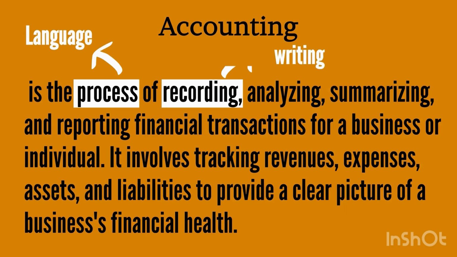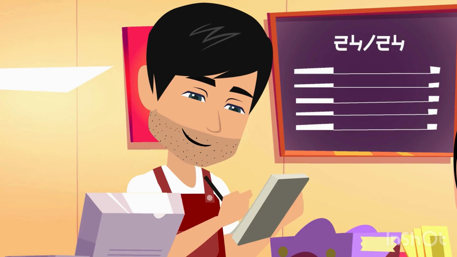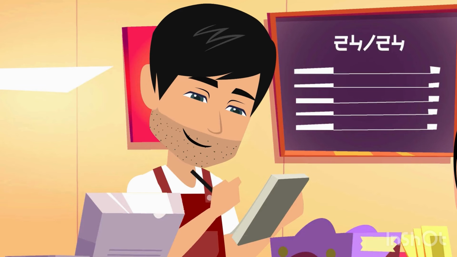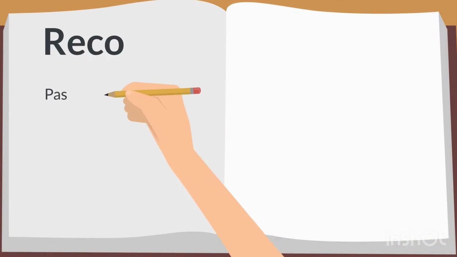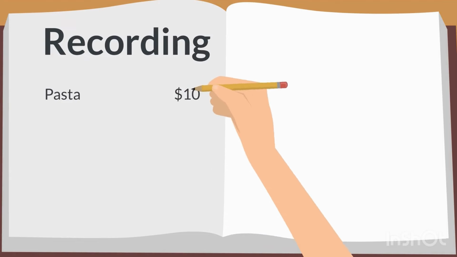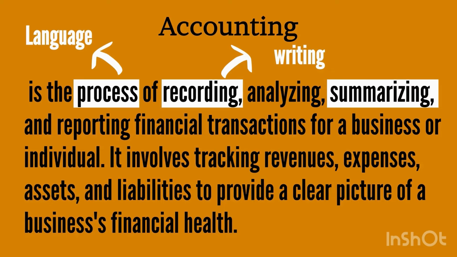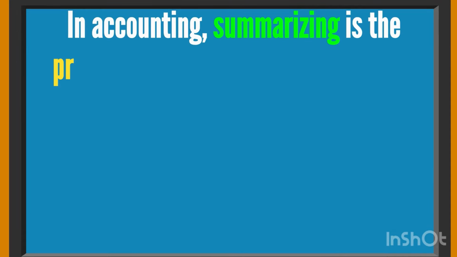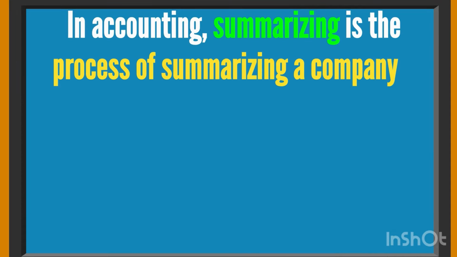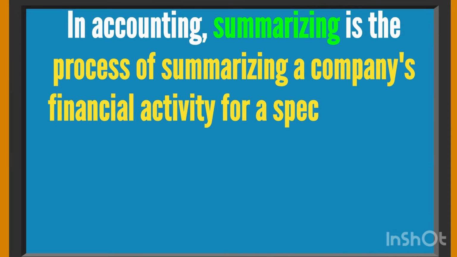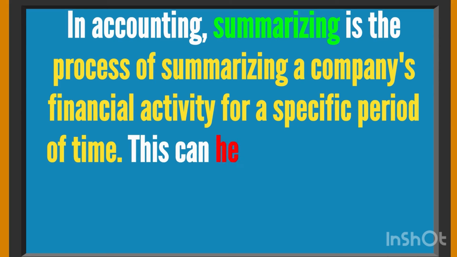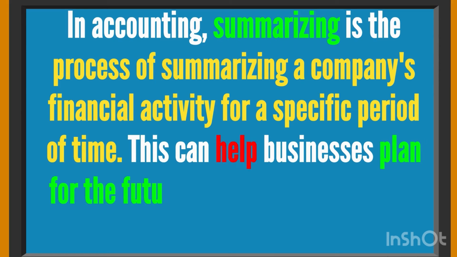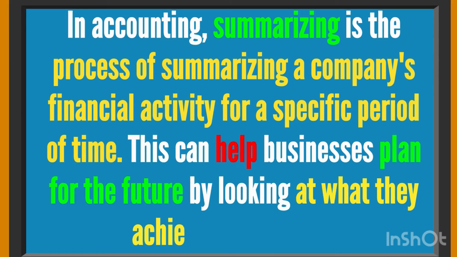Next, recording is writing or booking business transactions in the proper manner, ensuring everything is accurate and organized. Now let's talk about summarizing. What is summarizing? In accounting, summarizing is the process of summarizing a company's financial activity for a specific period of time. This can help businesses plan for the future by looking at what they achieved in the past.